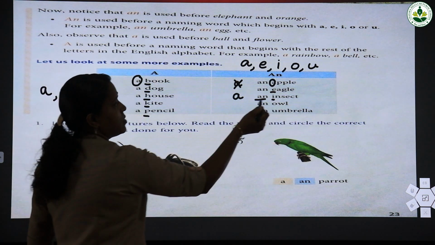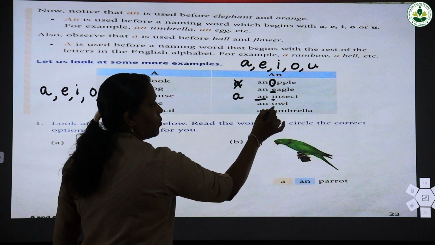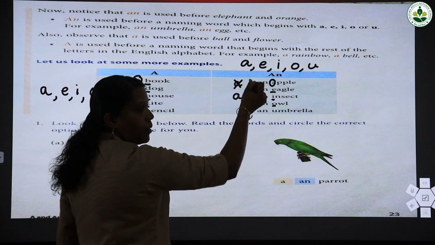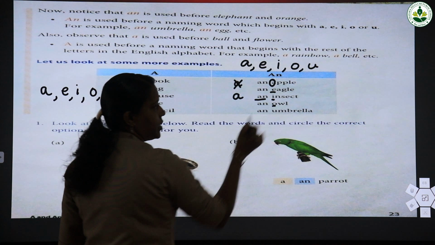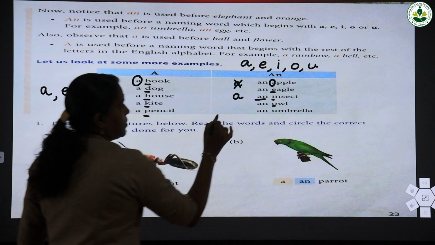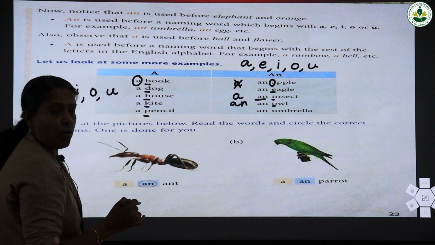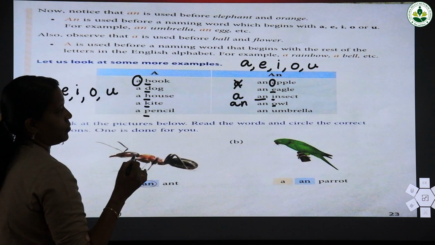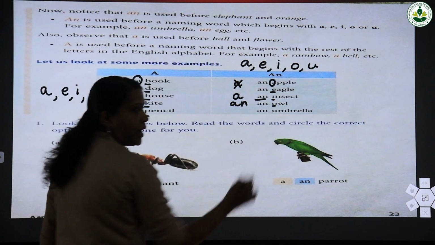What about the next one? Owl. What is the first letter of owl? O. Is it a vowel? A, E, I, O, U. O is a vowel, so we want to use an. An owl. A owl. Is it correct? No. Then look at the next one. An umbrella.